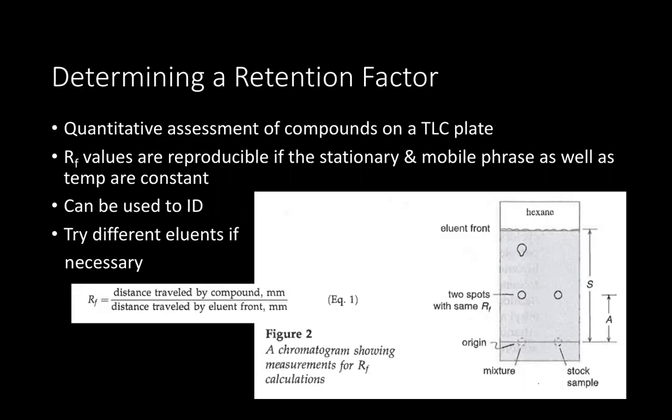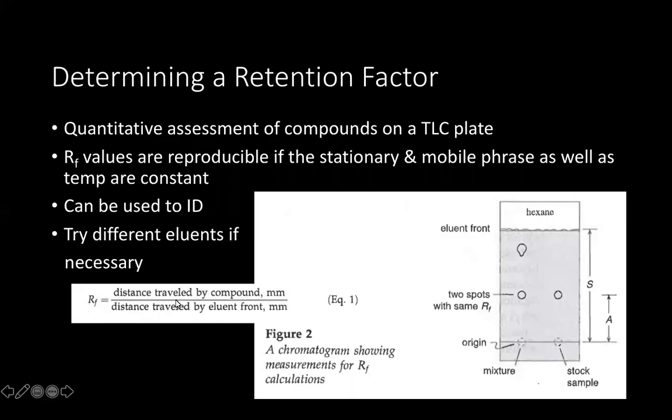So you can use these RF values for correct identification of compounds and as a quantitative assessment. Sometimes, in order to get individual retention factors for each of the components within a mixture, you do need to try different eluents in order to get good separation.